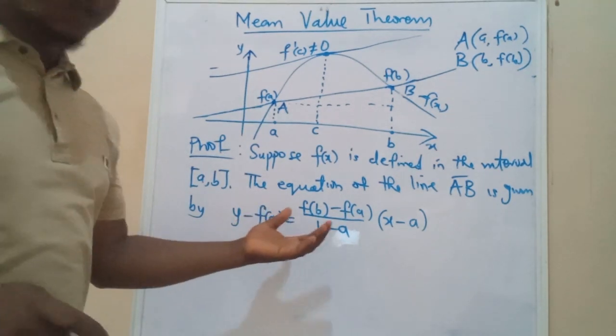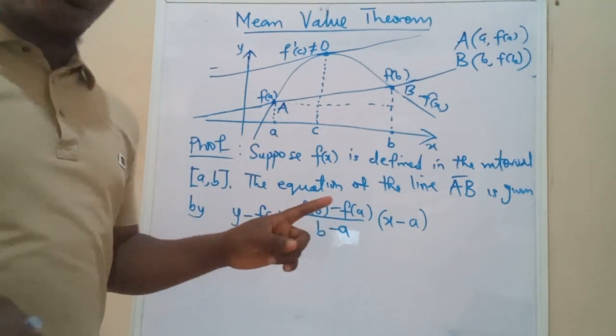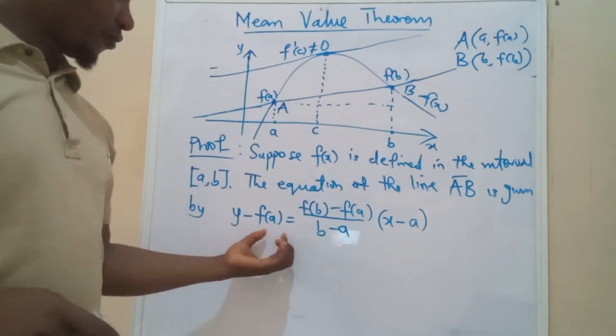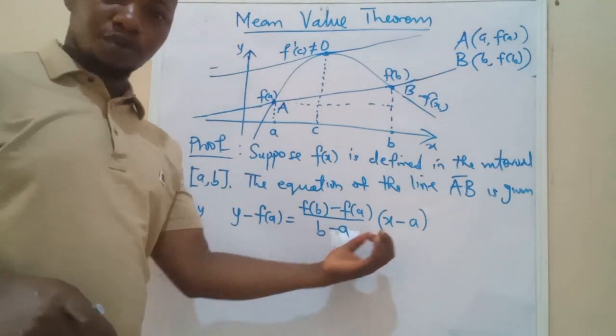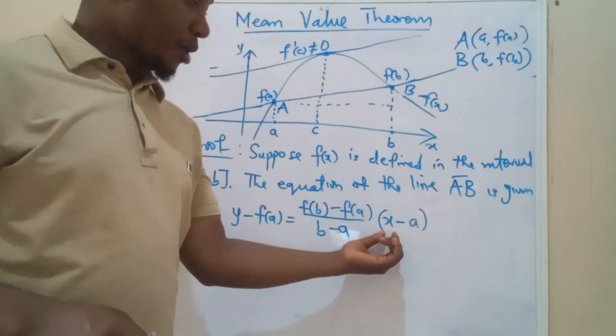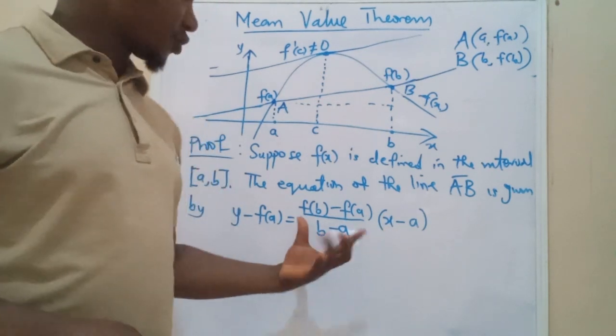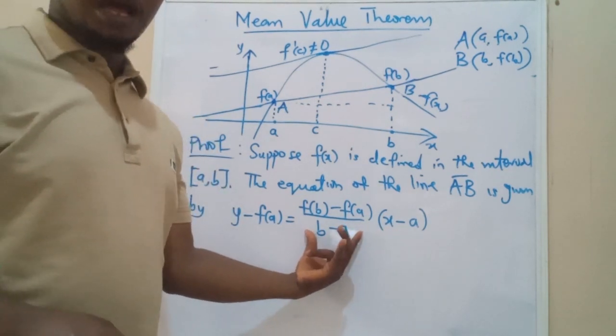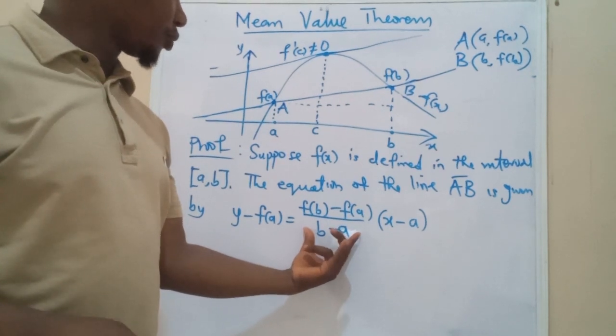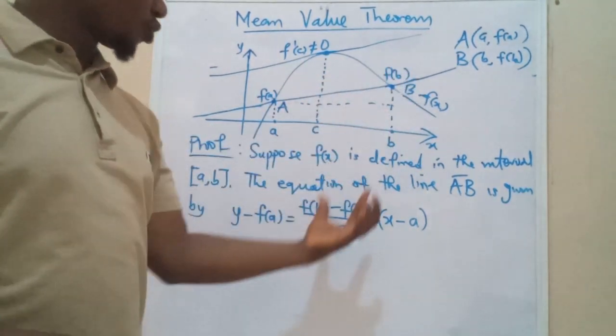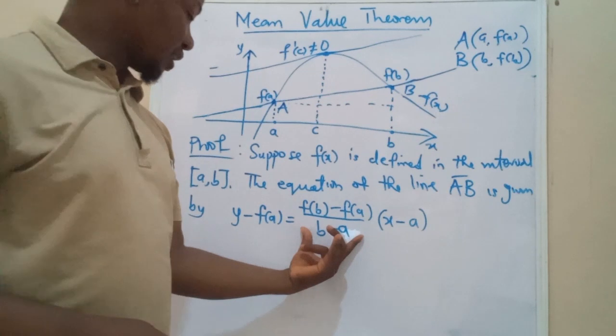You will recall that the equation of a straight line at one point is y minus f of a equal to the slope multiplied by x minus a. Since we already know the slope for this line, we quickly substitute that.